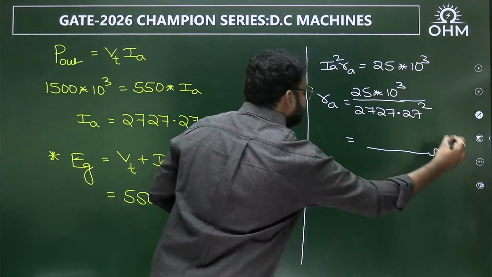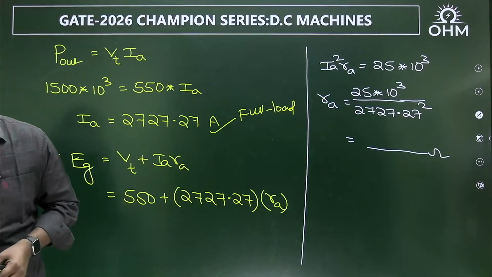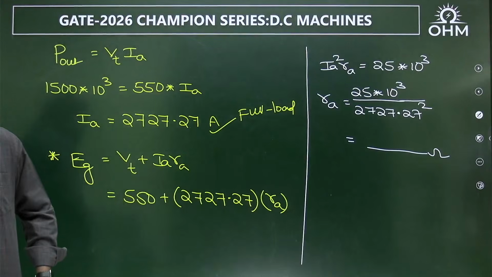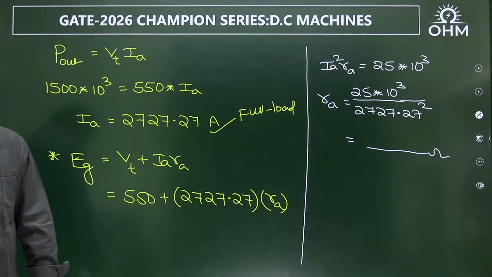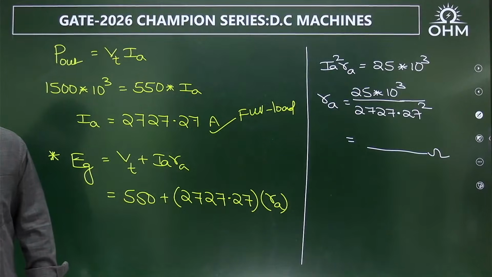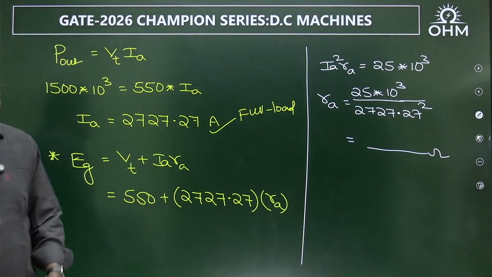This will give us the armature resistance value. Generally resistances are very low. So 25 kilowatt divided by 2727.27 square, I'm getting 0.00336.